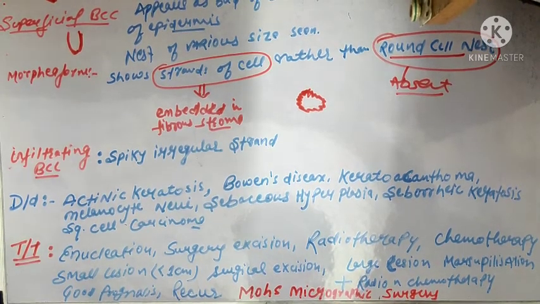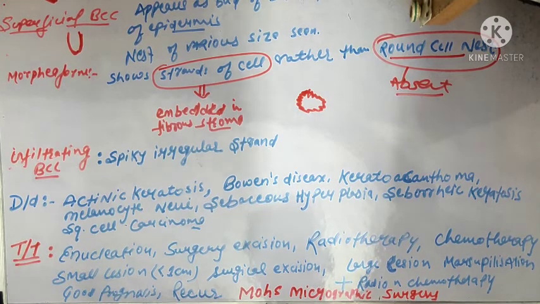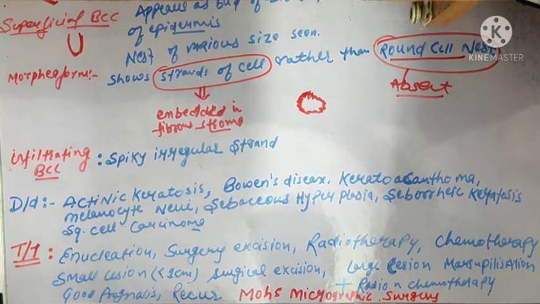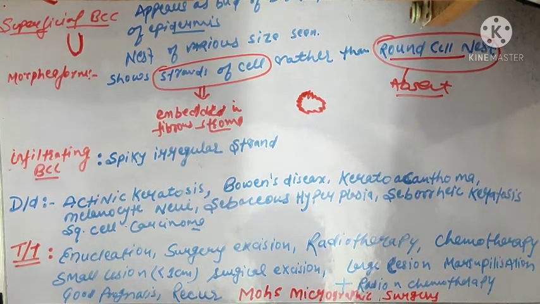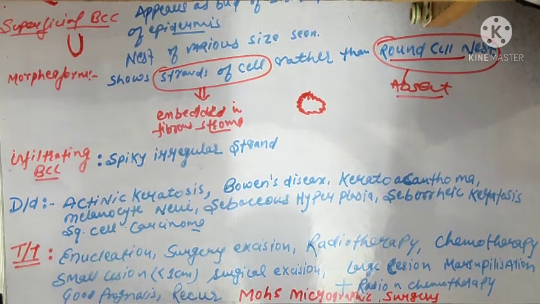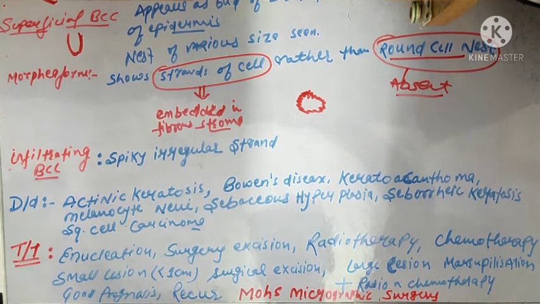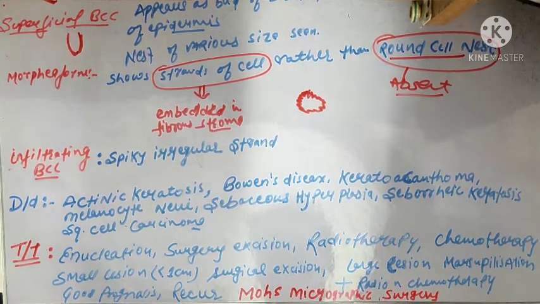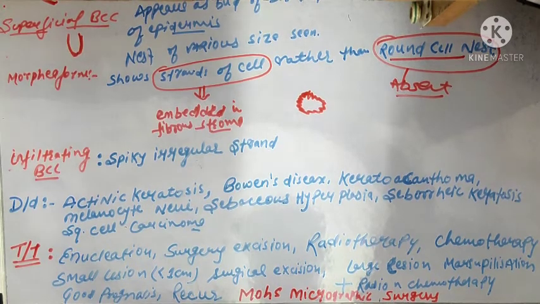This tumor is rarely metastasizing and the borders are well defined, so enucleation can be done, that is surgical excision. Radiotherapy and chemotherapy are the prime goals of the treatment of cancer, so we can go for this.